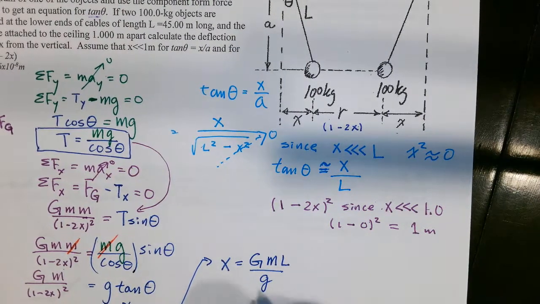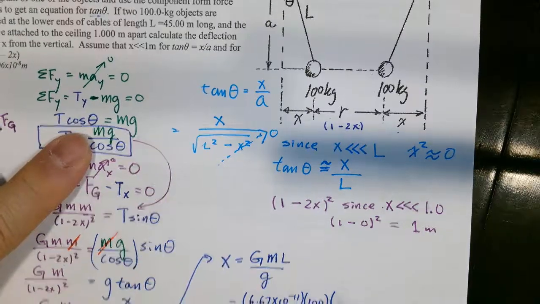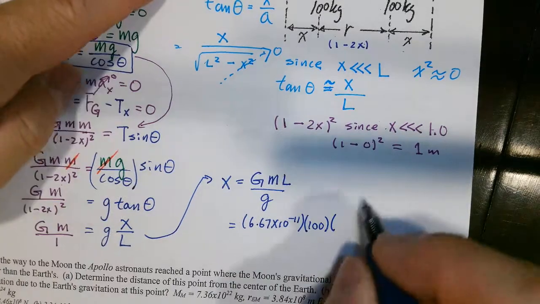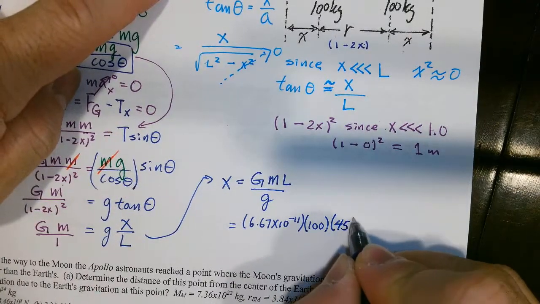Which then is equal to, right, 6.67 times 10 to the negative 11th times mass of one of them, which is 100 kilograms, times L, which is, what's L? 45, right?